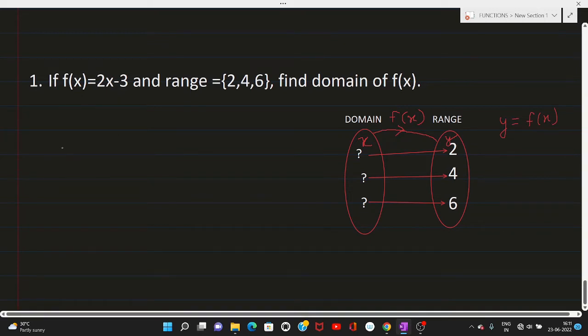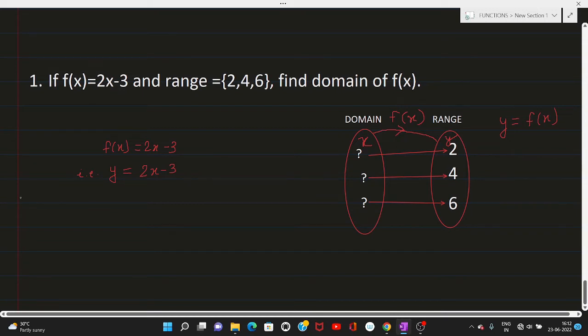So in our question we are provided f of x equal to 2x minus 3, that is y is provided as 2x minus 3. Now y is given, y is 2, 4 and 6. So we need to find the corresponding x.